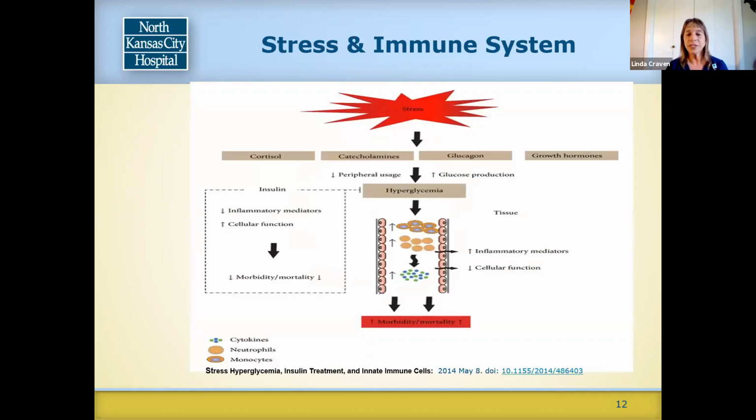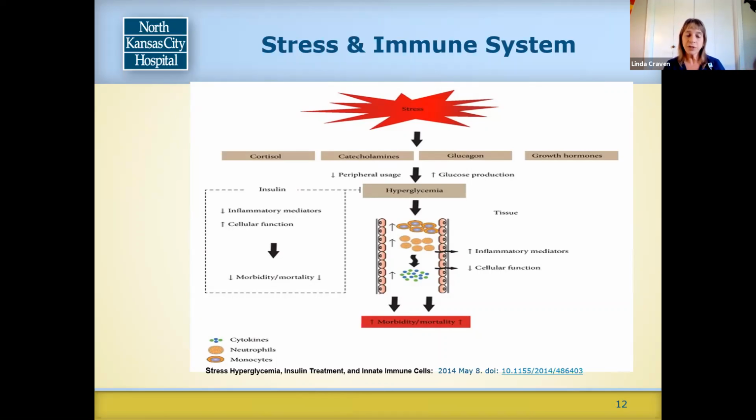So we see here in this picture at the top, the word stress. And here it shows 4 of the hormones that are released when you encounter stress. And this kind of explains what I told you in the slide before. The glucose production goes up because it senses stress. It causes high blood sugar or hyperglycemia. The thing we didn't talk about too much in the slide is the inflammatory response.